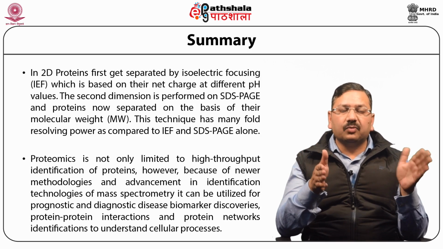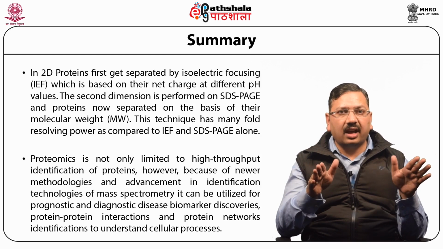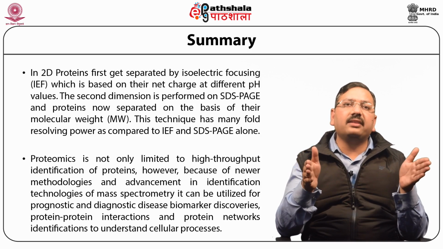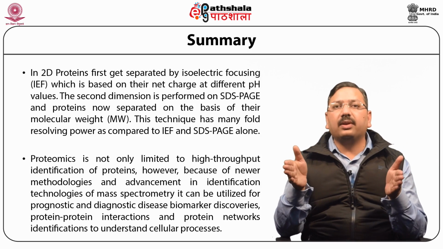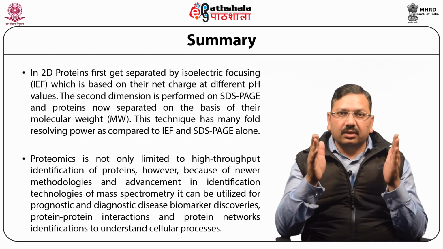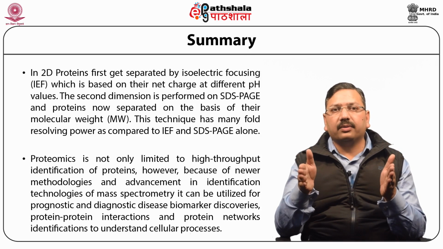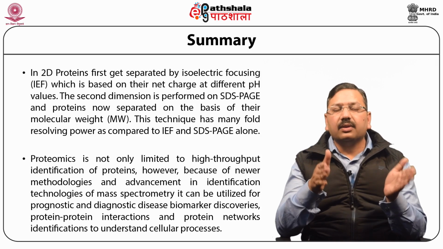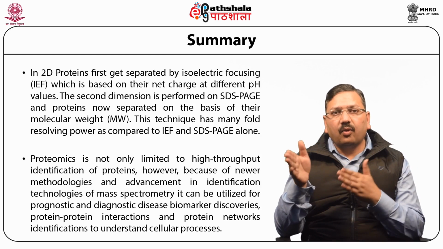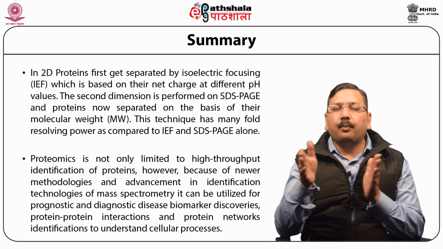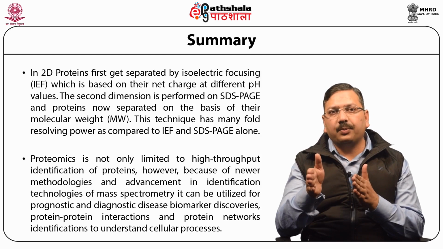This is done with the help of different enzymes, basically enzymes like trypsin, which cleaves the proteins at specific points, and after this the peptides are separated on a mass spectrometer by peptide mass fingerprinting.